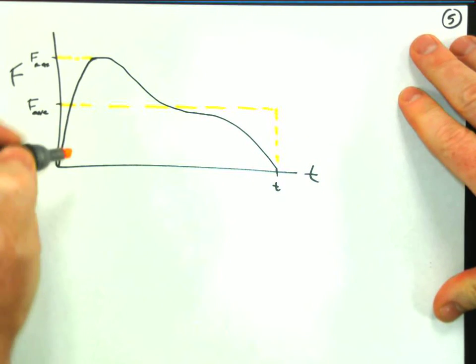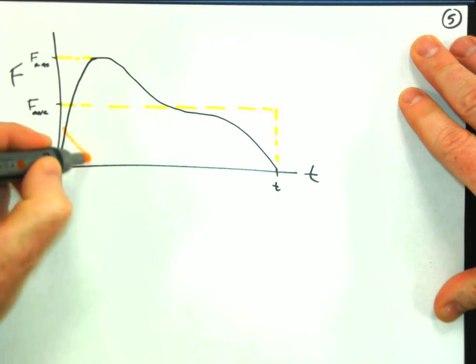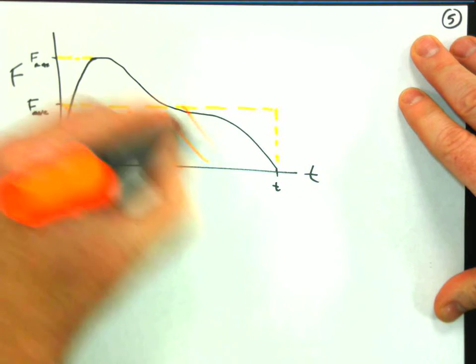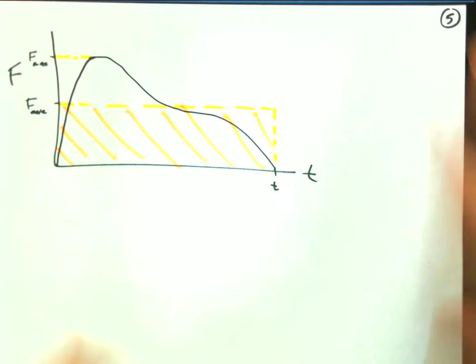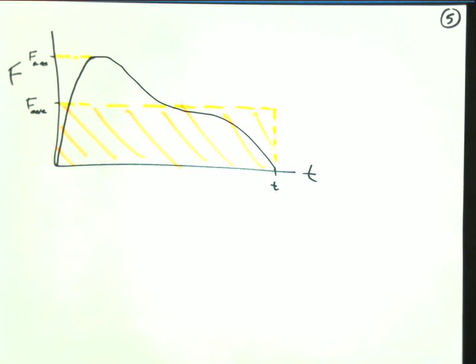Oh, by the way, a little missing amount over here too. The handy thing about that is now the area of this rectangle is easy to compute, whereas the area under this changing curve is not so easy if you're not using any calculus.